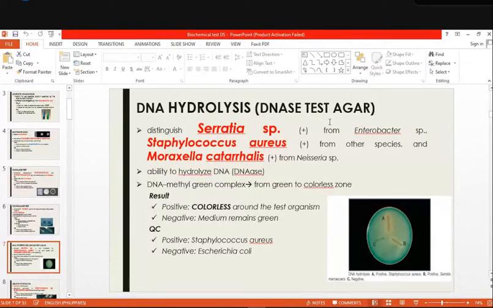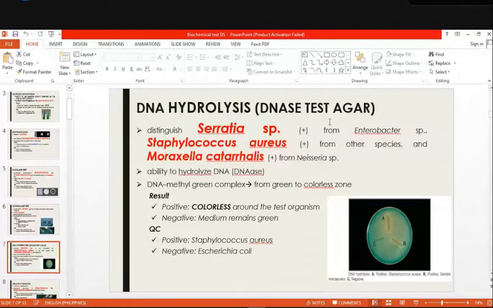And the media used to detect these enzymes can be made by using various indicators. The indicator could be toluidine blue or methyl green, or pwede ring walang indicator to detect the hydrolysis of DNA. Yung method dito natin sa DNase test agar is wala tayong indicator.